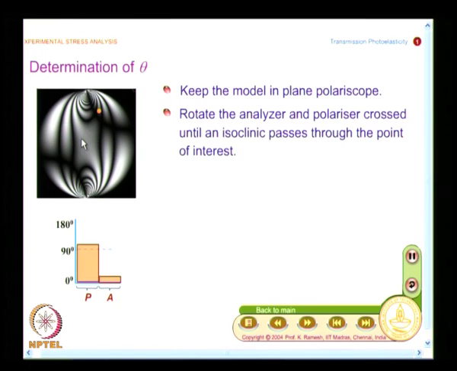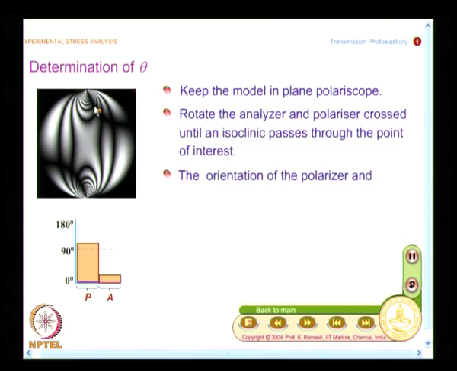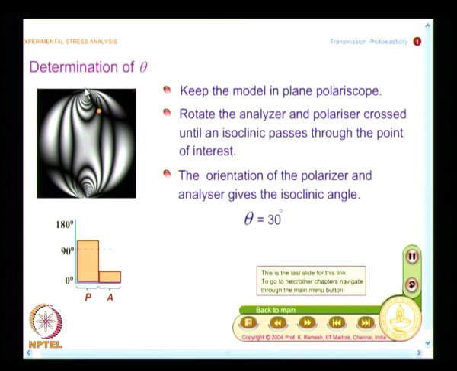We found that a 30° isoclinic passed through the point of interest. So, theta at this point of interest is 30°. This information is needed for me to align the Babinet-Soleil compensator at the point of interest to introduce compensation. Understand this.